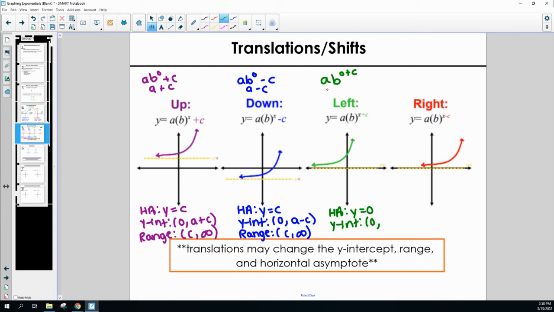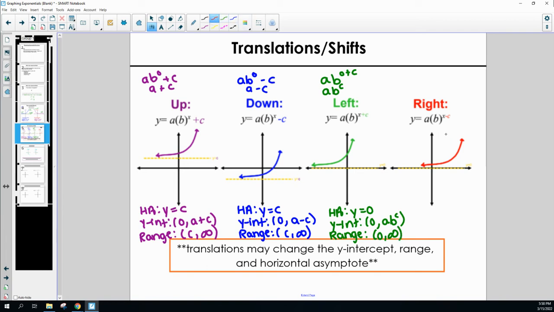So that's going to be a b to the c, and that's going to be some number, right? B to the c is some number. We're multiplying it to a, so a b to the c. And then our range, since our horizontal asymptote was 0, we know that our range will be 0 to infinity.